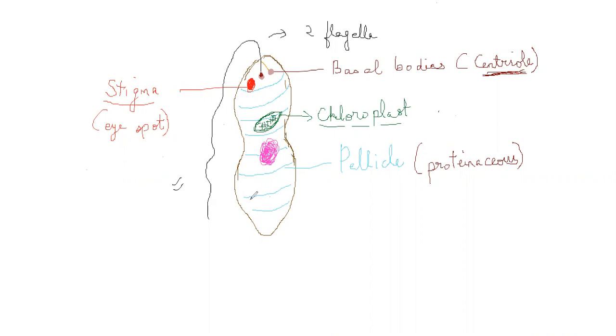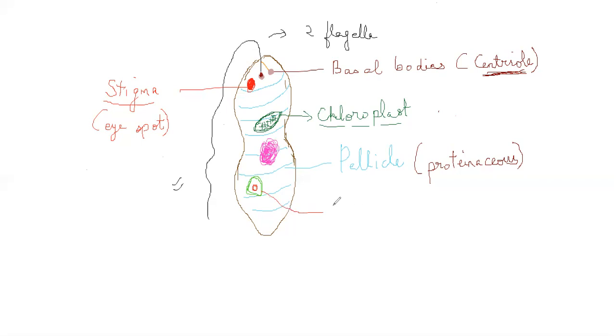Now, there are certain other structures in this. You would be able to see certain tiny green structures having 2 distinct areas in it. Now, this structure is known as pyrenoid.